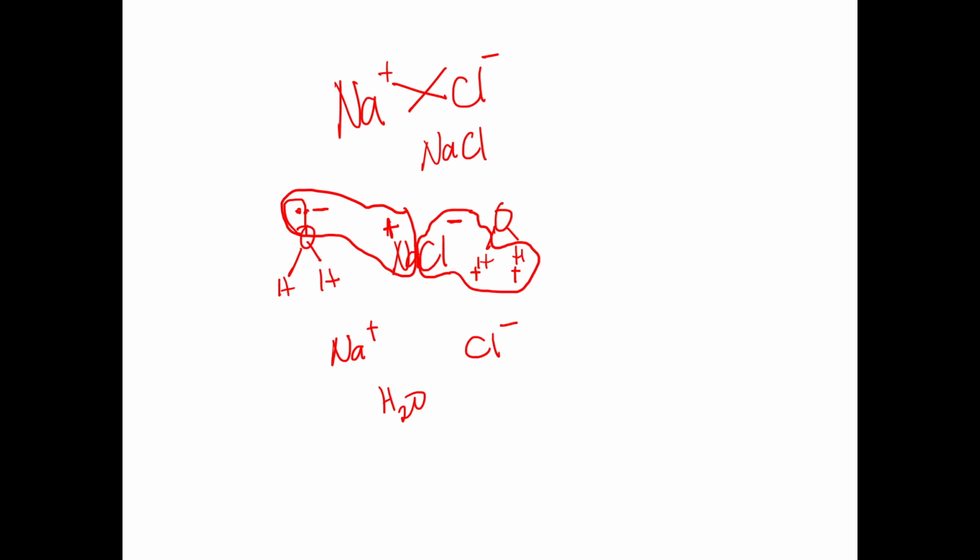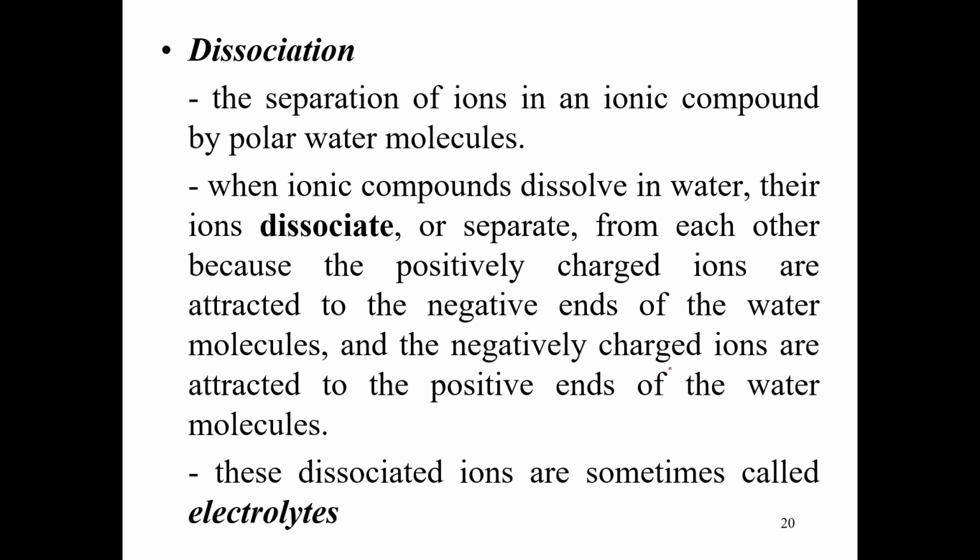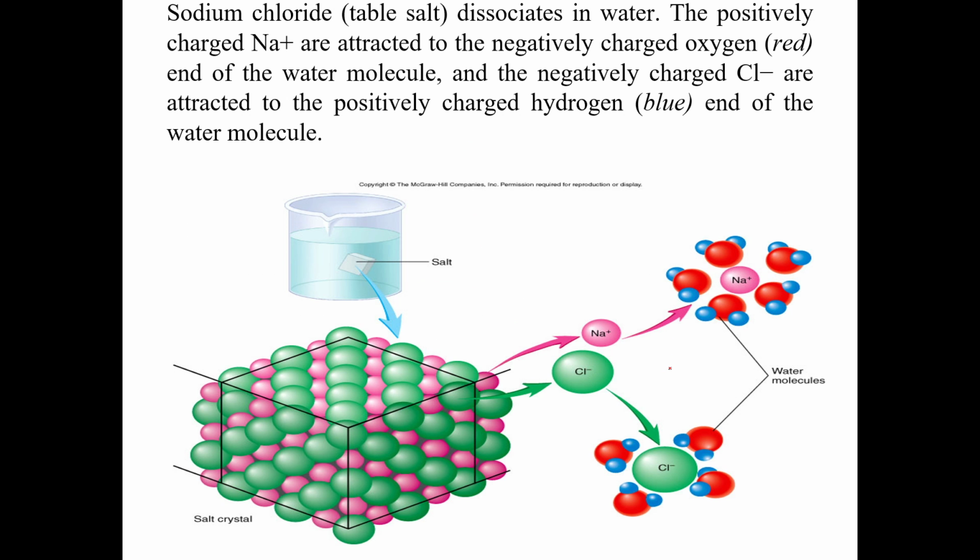When they are separated, these are called electrolytes, and electrolytes are most of the time charged. So this is another demonstration, an illustration of what I just explained. Sodium is attracted to the negative part of water, which is oxygen, while chloride is attracted to the positively charged part of water, which is hydrogen.